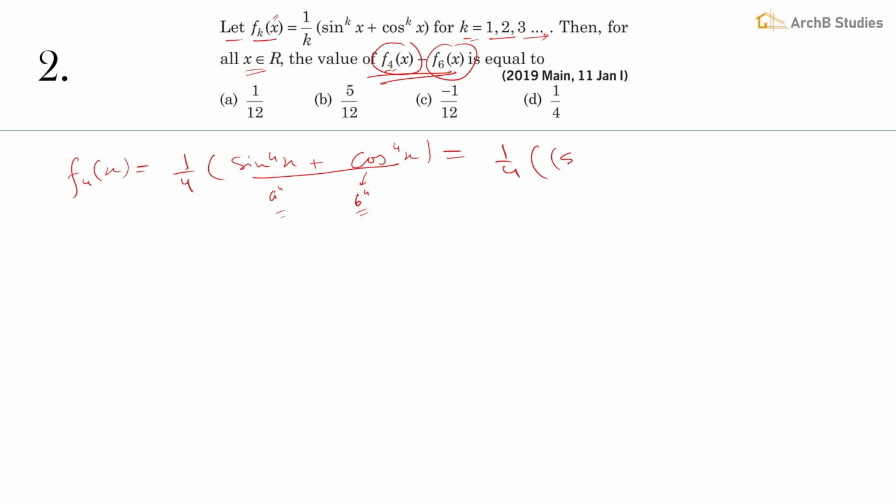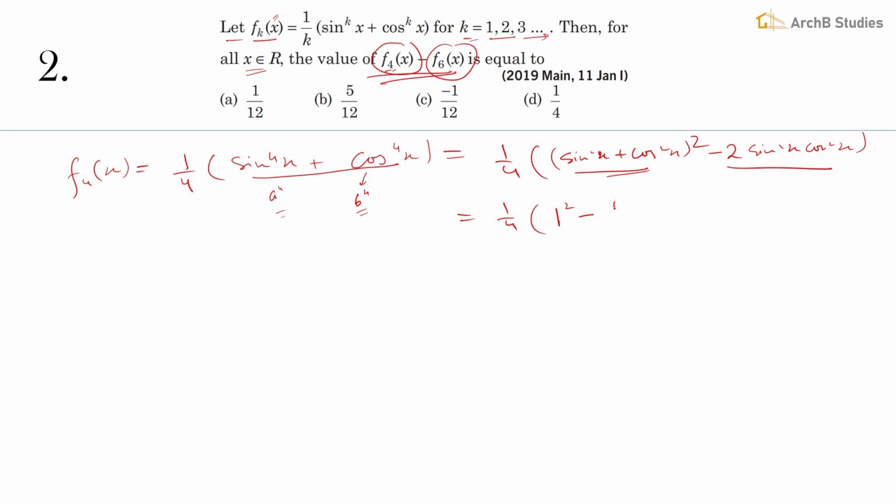This will become (sin square x plus cos square x) whole square minus 2 times sin square x cos square x. This will be equal to 1/4 times (1 squared, which is 1, minus 2 into sin square x into cos square x).